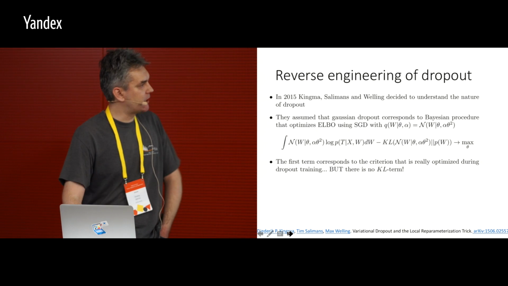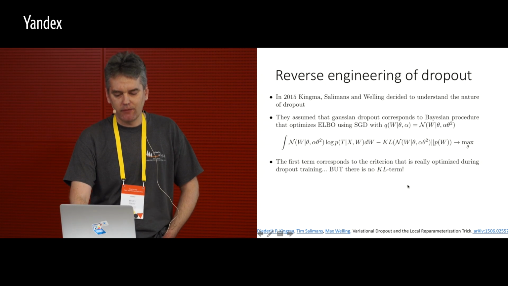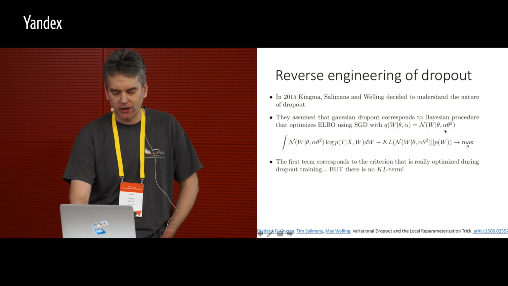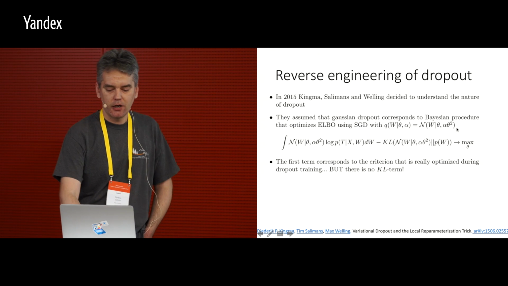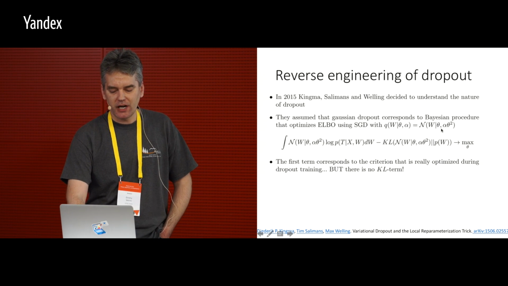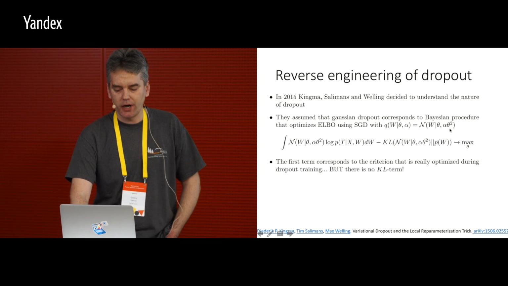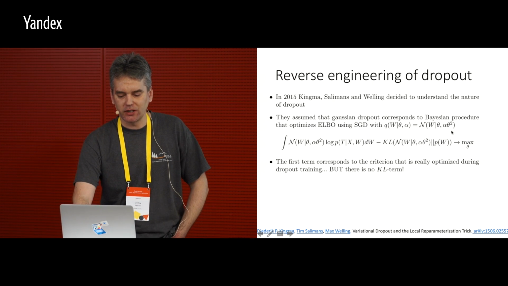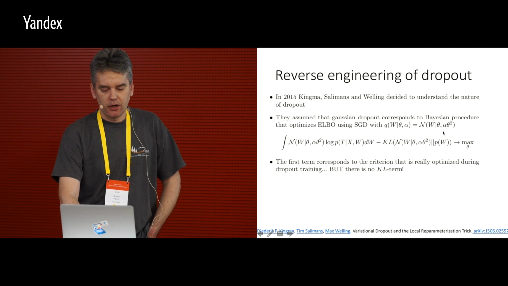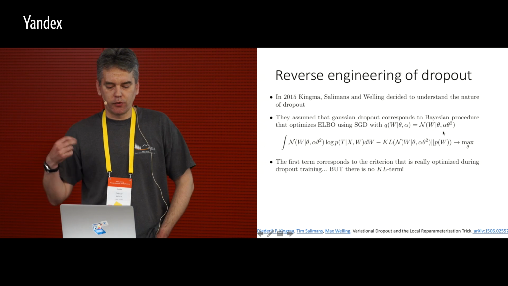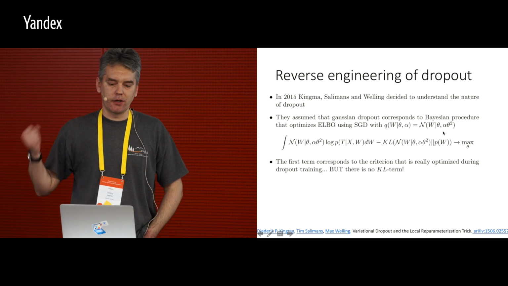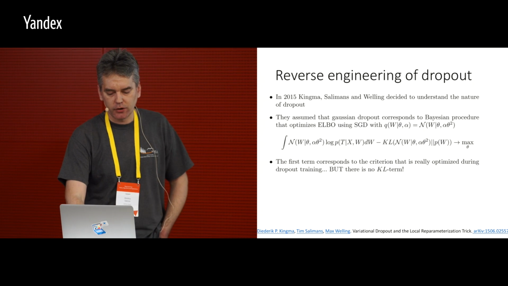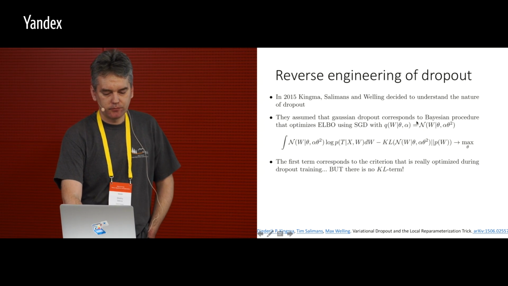We may easily see that in this case, the variational approximation looks like this. It is a factorized normal distribution with respect to all the weights, with a mean of theta and a variance of alpha theta squared. Why so? Because this is exactly the result of what happens if we take the weights theta and multiply them by Gaussian noise with a mean of 1 and a variance of alpha. So we end up with such a distribution.